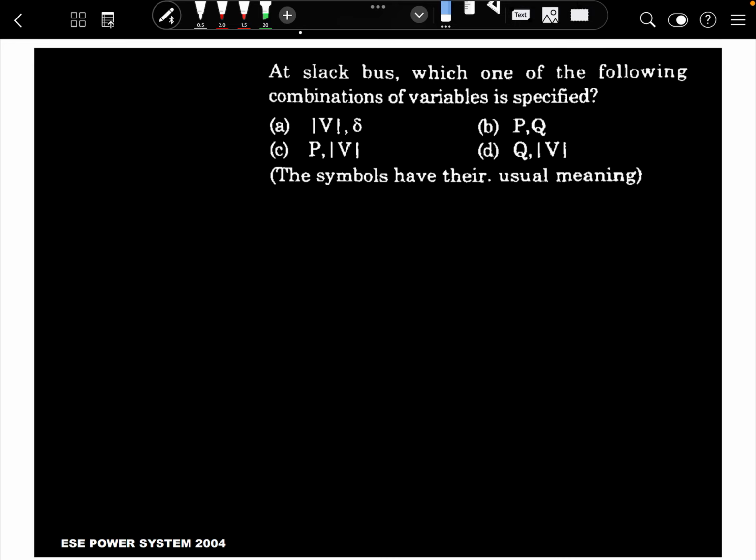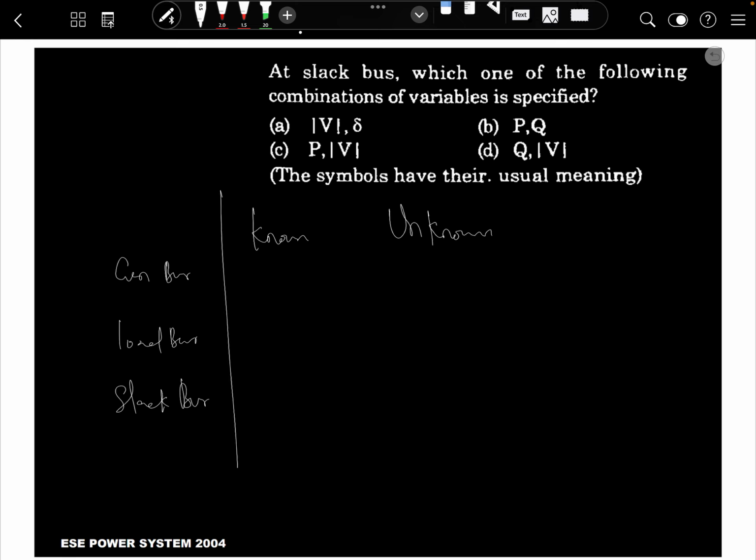At a slack bus, which one of the following combination of variables is specified? So I again draw the table, which has generator bus, load bus, and slack bus, and then known and unknown quantities.